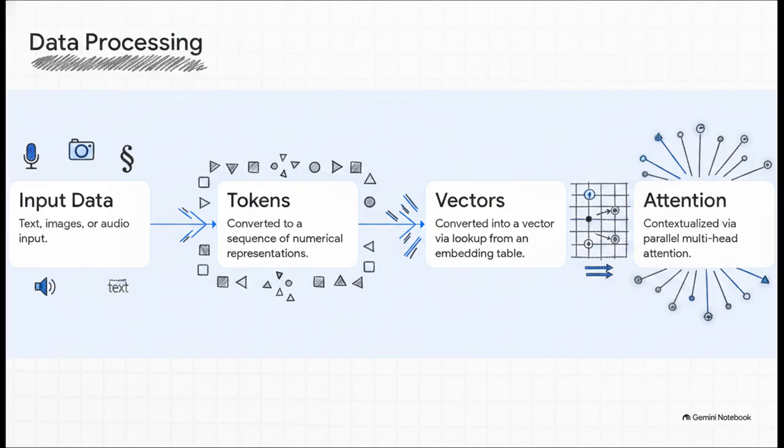And hey, this doesn't just have to be text, it can be images or audio too. In step 2, that raw data is chopped up and converted into a sequence of numerical representations called tokens. Then, in step 3, every single token is converted into a vector by looking it up in an embedding table. Finally, in step 4, at each layer of the network, every token is contextualized with all the others via that parallel multi-head attention mechanism we just talked about.